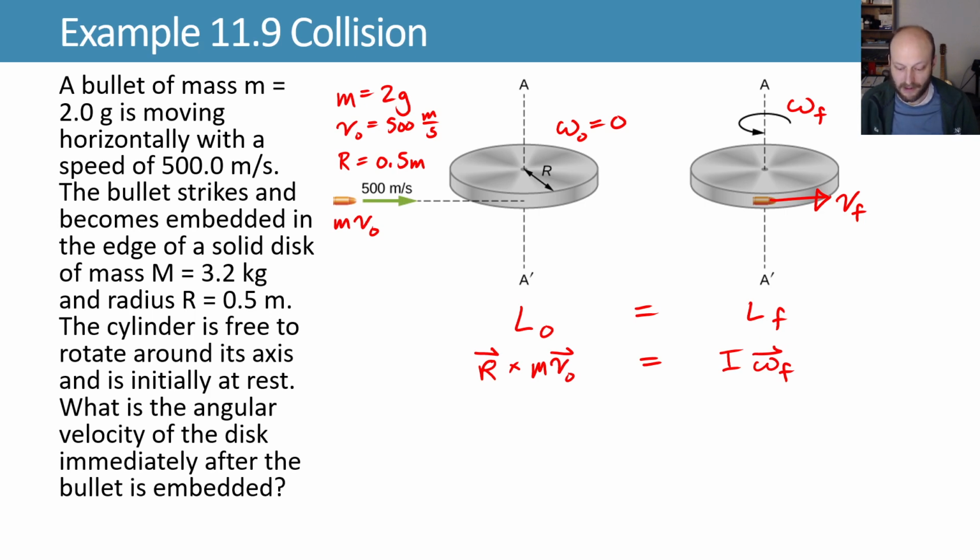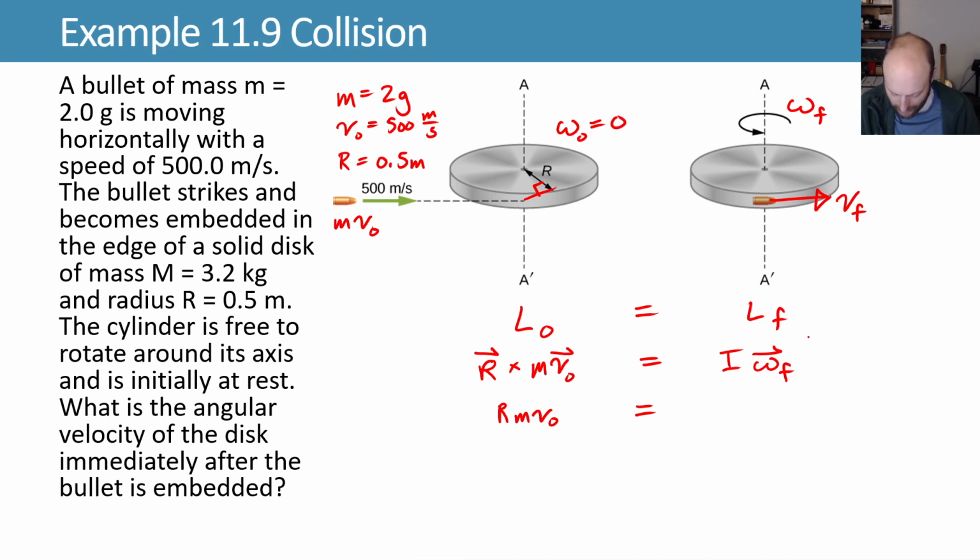And this simplifies pretty easily to just be considering in that one direction, the rotational direction of our axis. So rather than the full vector expression, we can simplify this to r m v naught sine theta, but as they contact there, that theta is 90 degrees. So sine of 90 is 1, it just goes away.